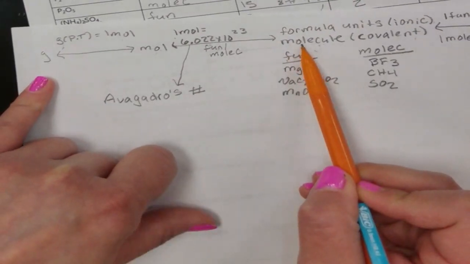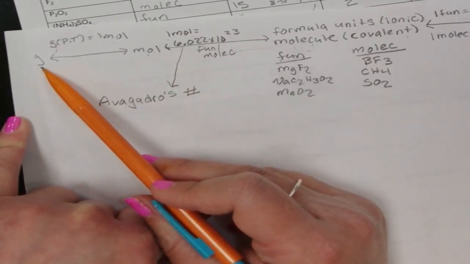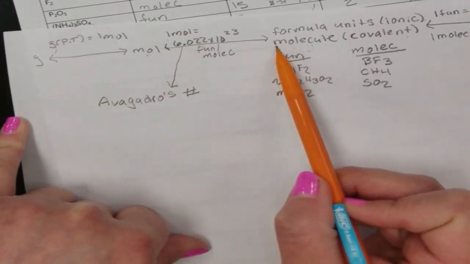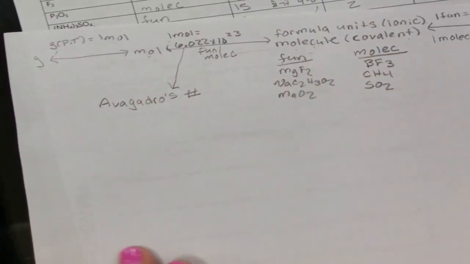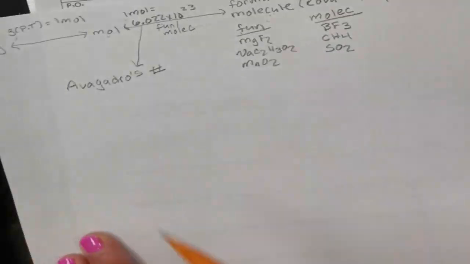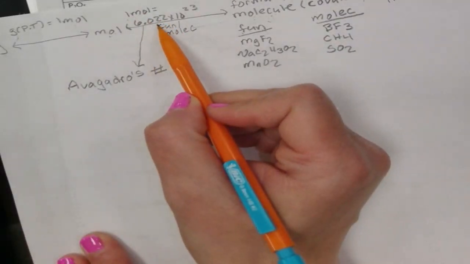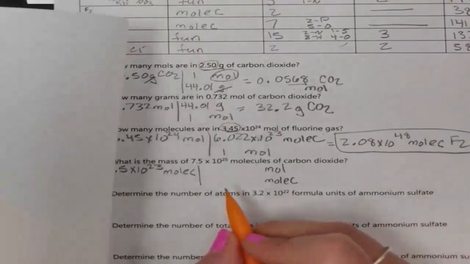So I'm going to have to go to the mole and then to the mass. All right, so this is a 2-step problem. So I'm going to go to the mole first, where 1 mole is 6.022 times 10 to the 23rd.